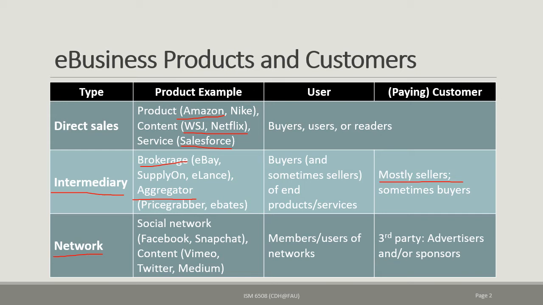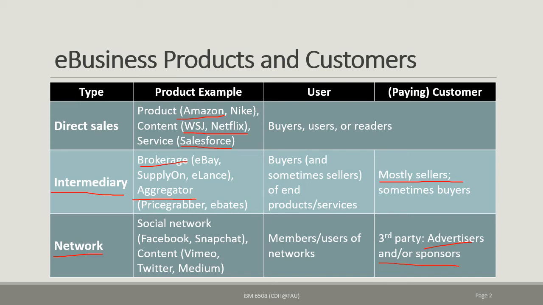So who's paying Facebook, who's paying Twitter, who's paying Instagram to provide a service to us, the users? Those are the third parties, those are the advertisers, those are the sponsors. The advertisers and sponsors are not the users of this particular product or service, but they are the customers of the network, of this network product.